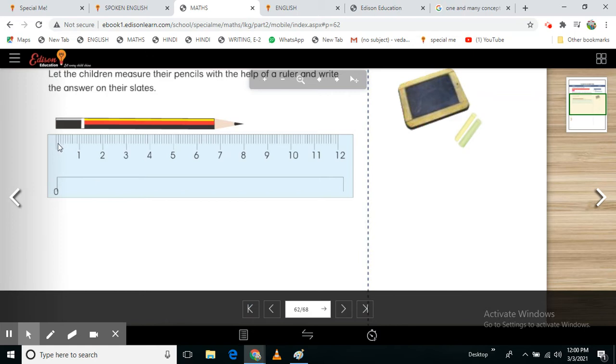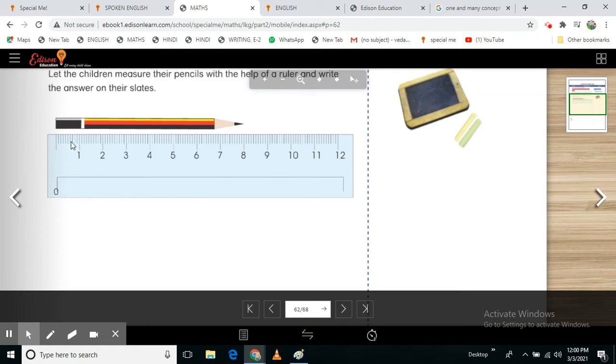Now you can see here are some divisions. Okay. Now count them. It starts from the zero. Okay. It's 1, 2, 3, 4, 5, 6, 7, 8, 9, 10. Okay. So 10 lines. These are called millimeters.